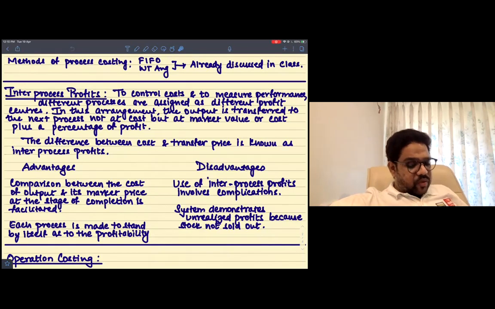This is something that we have already done in class. The difference between cost and transfer price is known as inter-process profit, as in the difference between the price at which the cost is and the price at which you transfer.